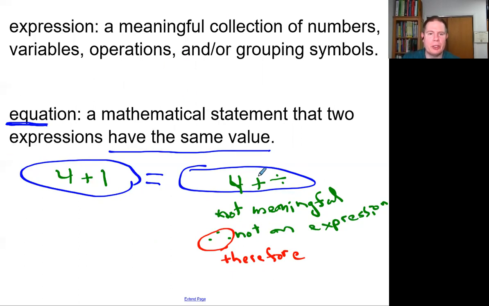But our expression could be simpler than this. I could say 4 plus 1 equals 5. Five has a number, great, so there's an expression. I understand the meaning of this expression. This is an equation. I could say 4 plus 1 equals x.